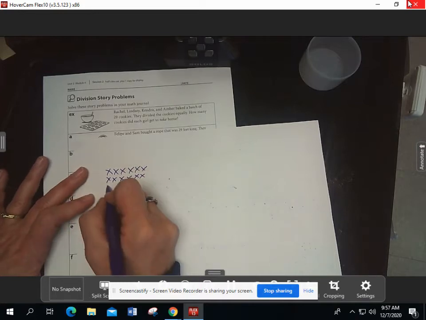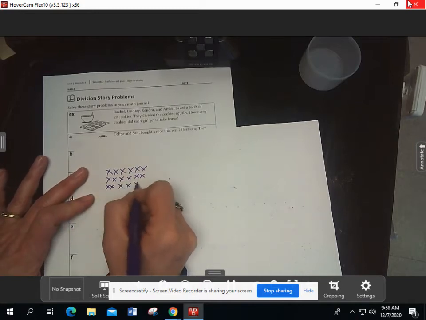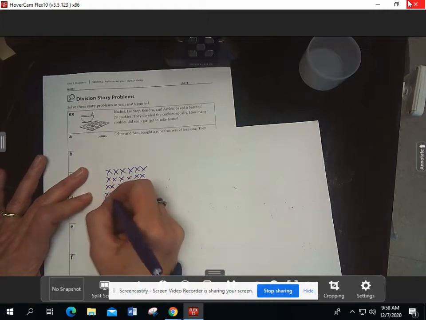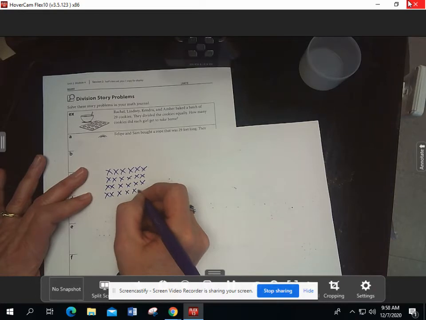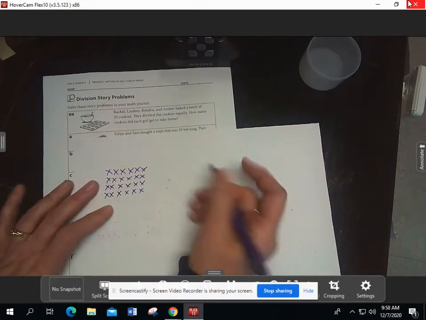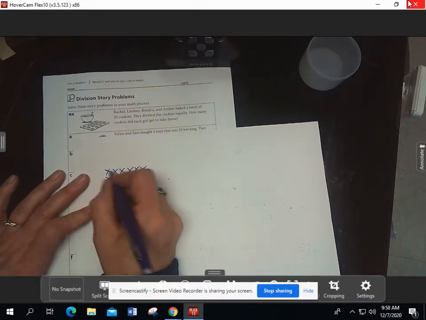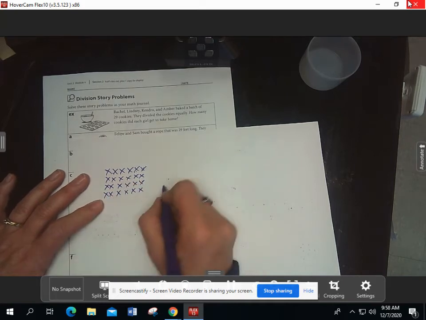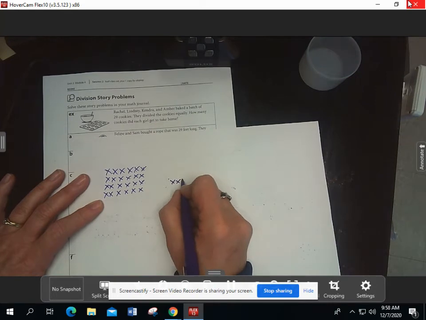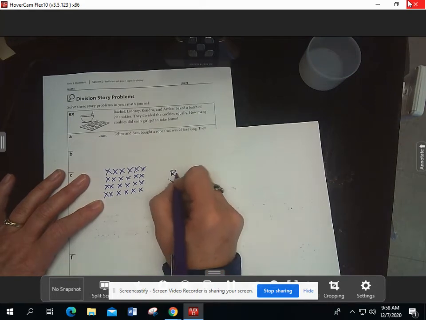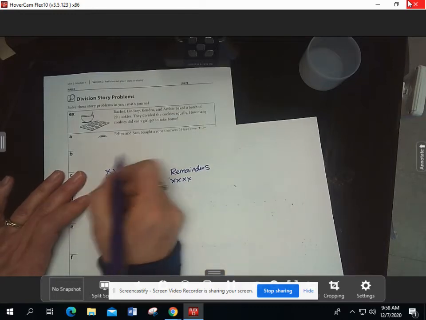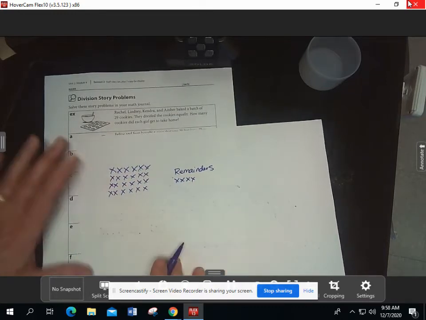Turn your papers over. Work this out. 6, 12, 18. 1, 2, 3, 4, 5, 6. 1, 2, 3, 4. Okay, so I have this one. Oh, these are my remainders over here. So probably not this one.